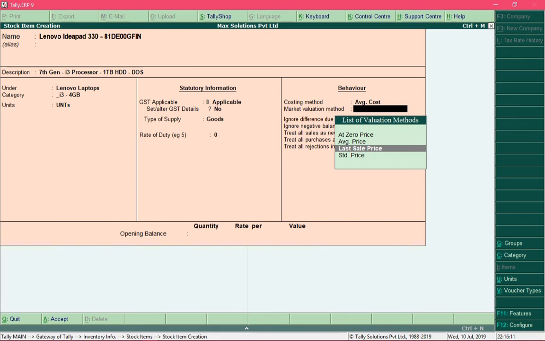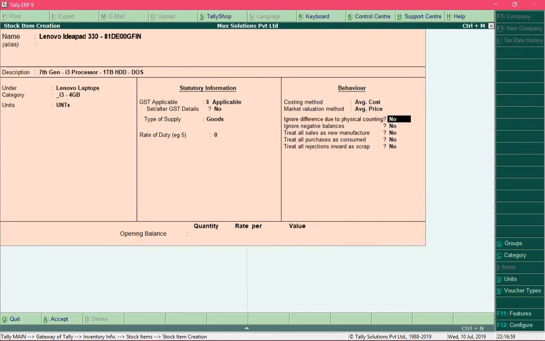And in case the market value of your product is declining, then you can take crucial measures to avoid loss. So this is how market valuation is useful. For this field I will select the default average price method and select it.